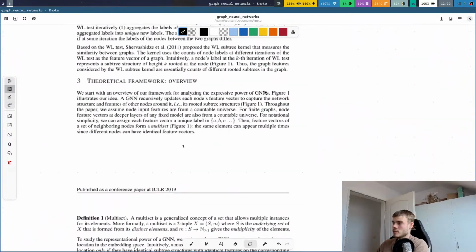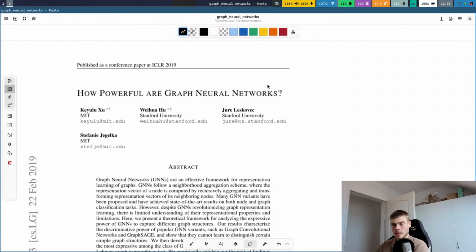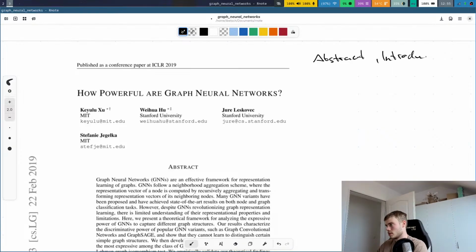So I would say, again, the first step when reading the paper is obviously starting with the abstract, introduction, and the conclusion, as well as the structure, related works, and references.